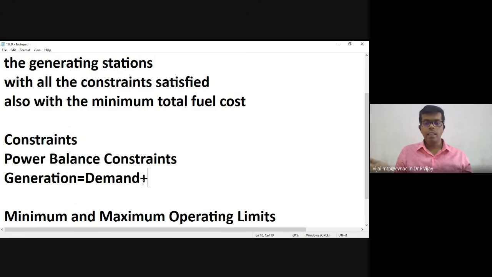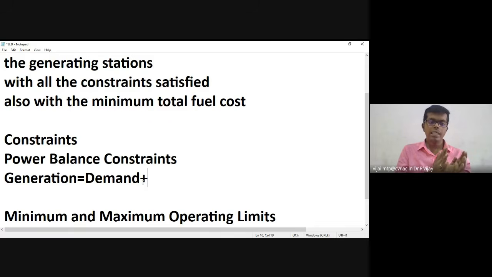At the user end, the distribution end, you'll be receiving only 90 megawatt because of 10% transmission network losses. Sometimes they say 12% losses, so 12 megawatt is lost. Other transmission companies claim 15% losses, so only 85 megawatt is received at the distribution end.